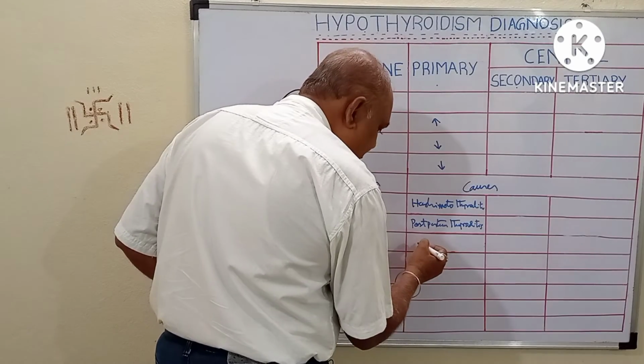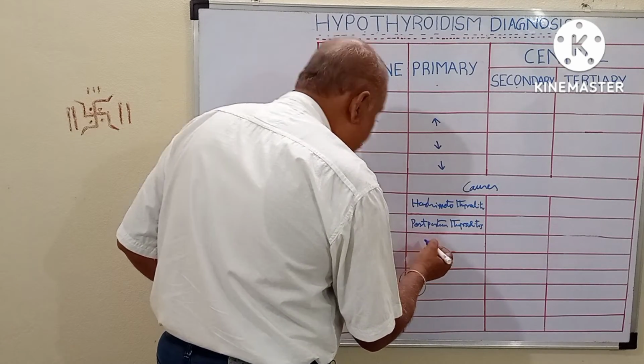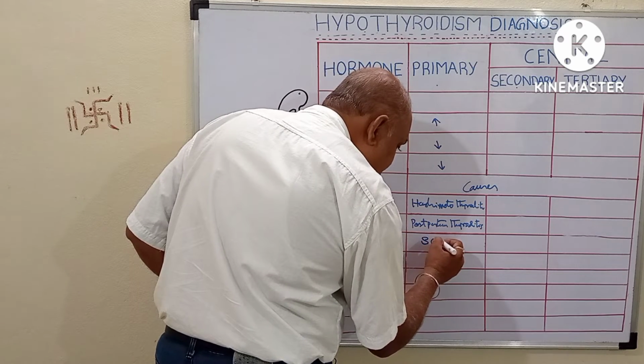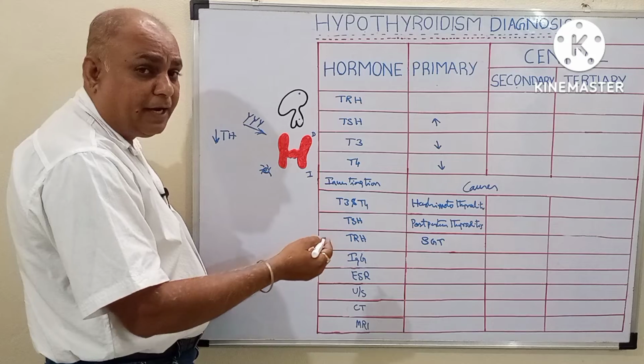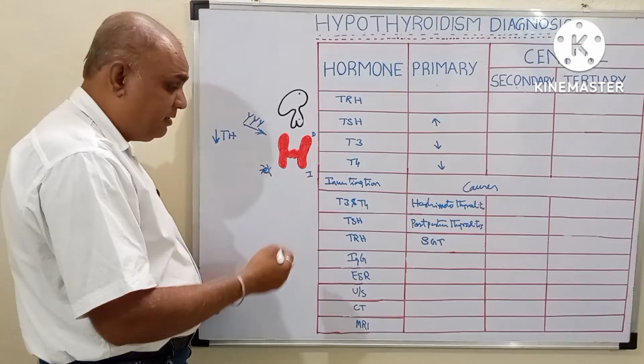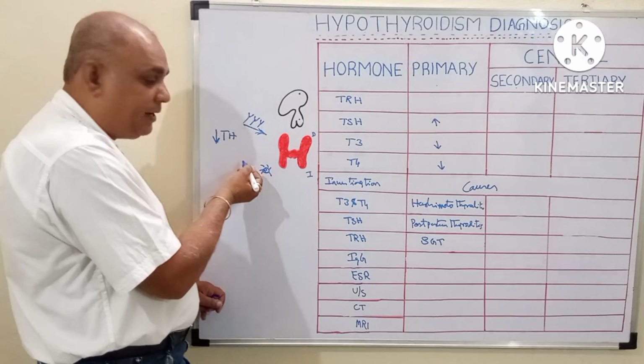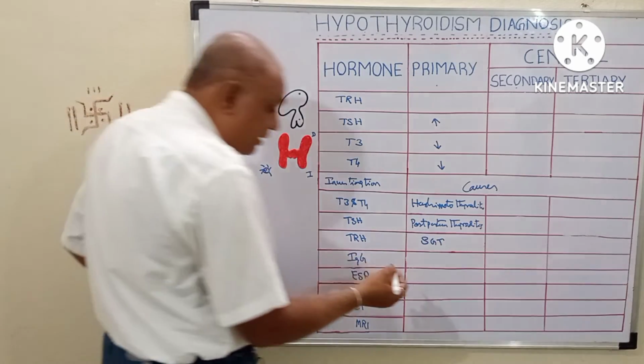Apart from this, we have seen SGT, subacute granulomatous thyroiditis, where a viral infection affects the thyroid gland and reduces thyroid hormone secretion.